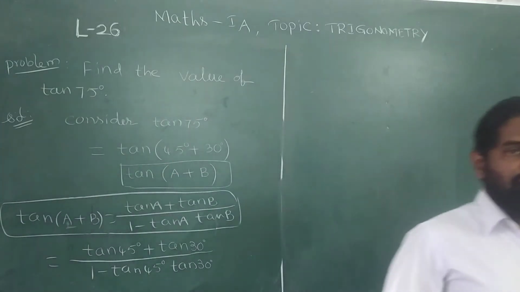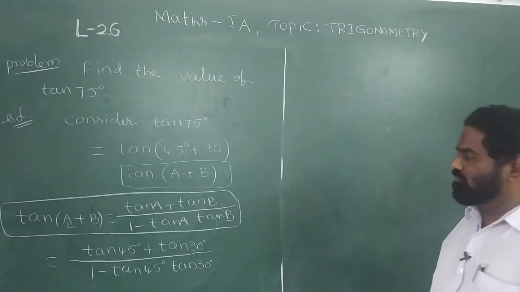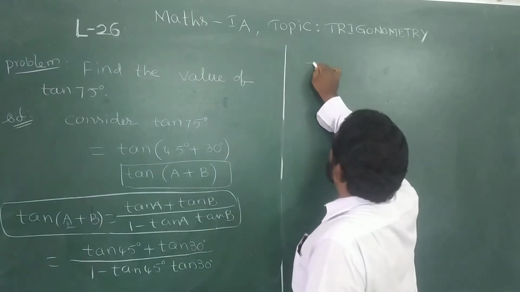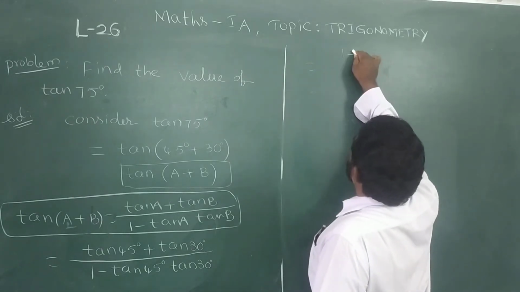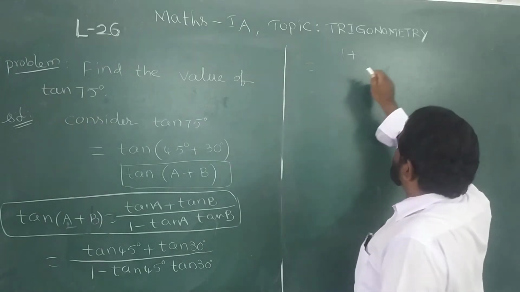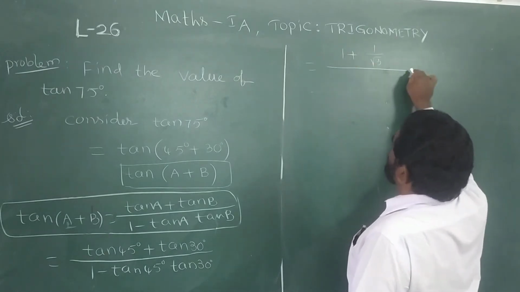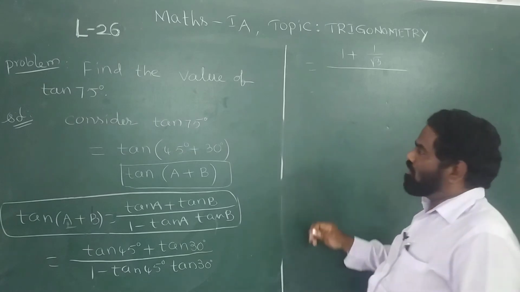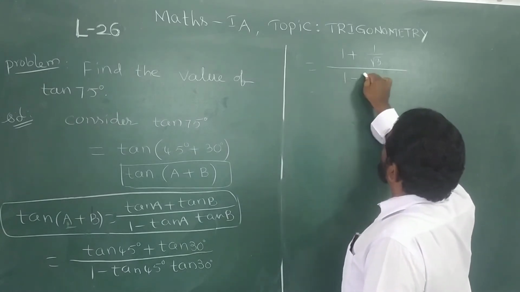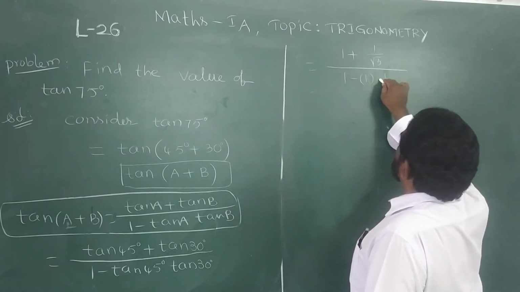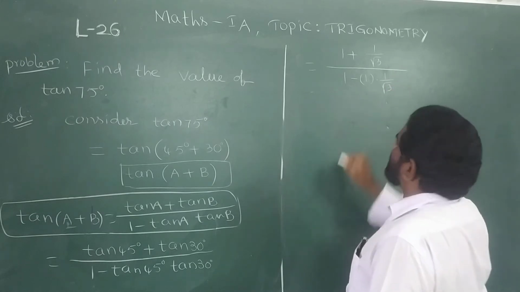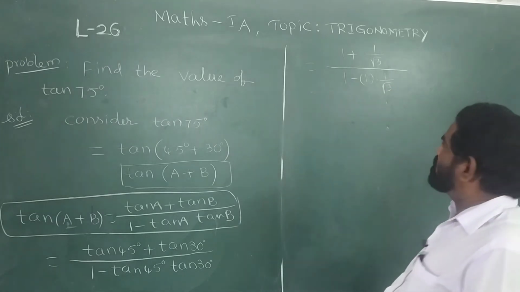What is the tan 45 value? 1. Tan 45 degrees is 1. Tan 30 degrees is 1 by root 3. Again, tan 45 is 1, tan 30 degrees is 1 by root 3.